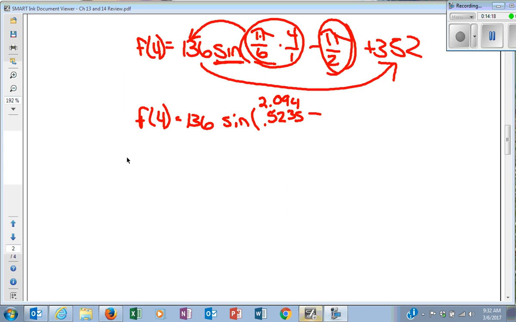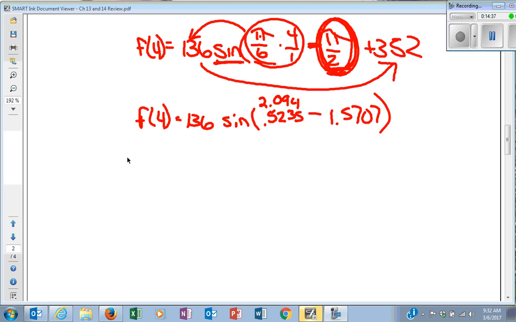Then you're going to subtract. I want to do this before I do the subtraction, so I hit the subtraction button in parentheses, then pi divided by 2, and close my parentheses, and you should get 1.5707.